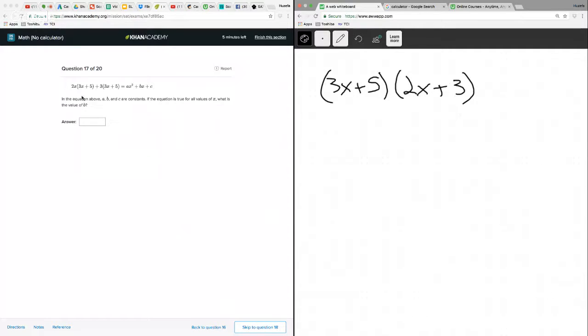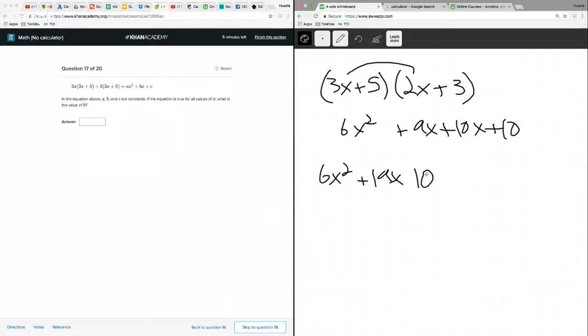So what I did is I combined these terms, because they're both multiplying 3x plus 5, now we FOIL. So it's 6x squared plus 9x plus 10x plus 15, 6x squared plus 19x plus 15 equals ax squared plus bx plus c. What is the value of b? B is whatever's here, and it's 19.